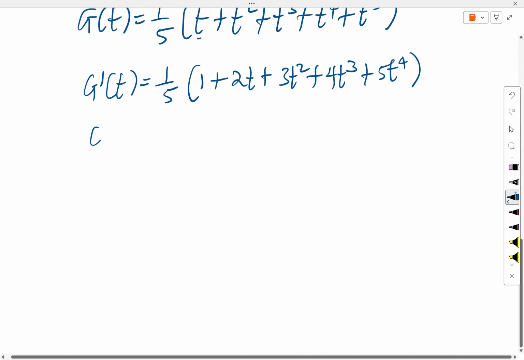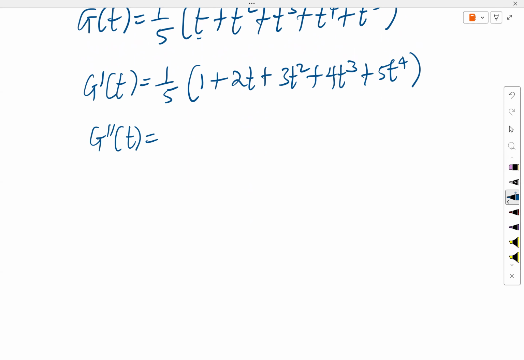So the second derivative, g prime prime of t, or better still, let me use the numbers directly so that you can link them together easily. So g2 of t, that's the second derivative, is again 1 over 5 into, differentiate 1, now it's gone.